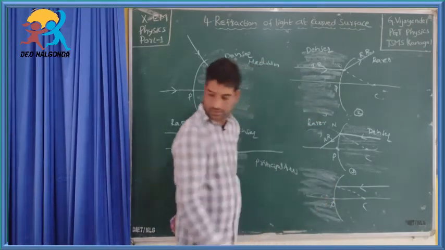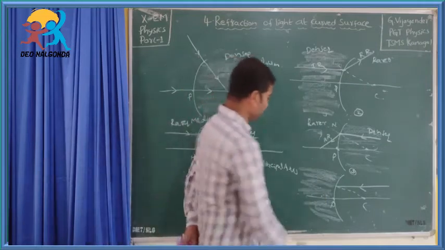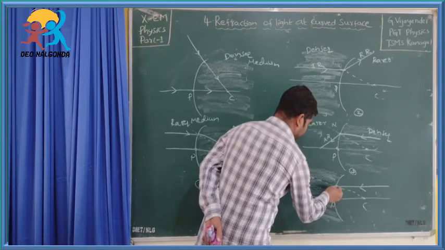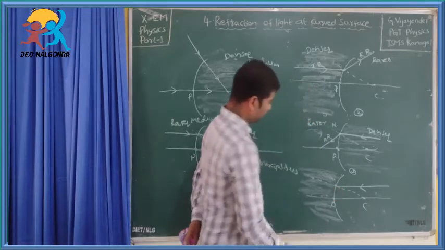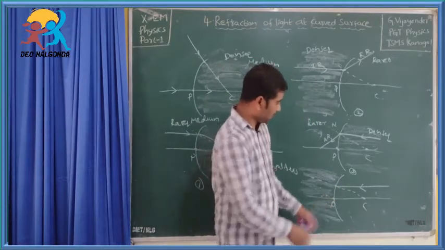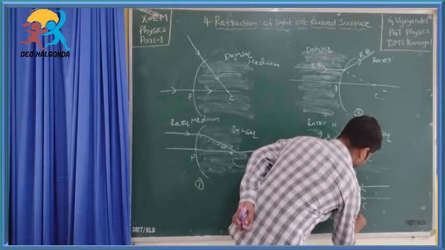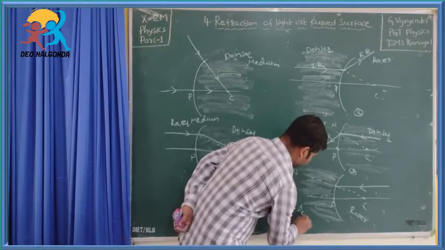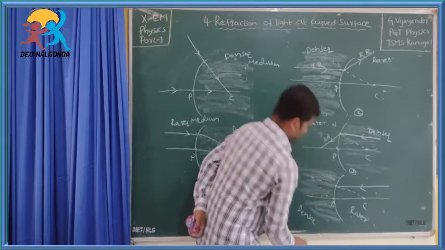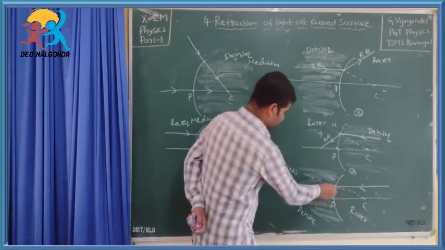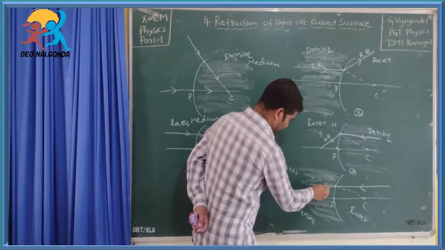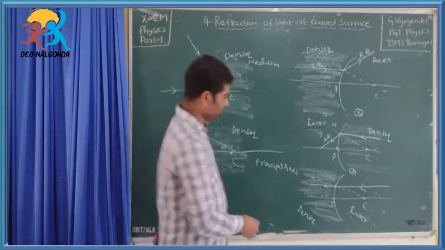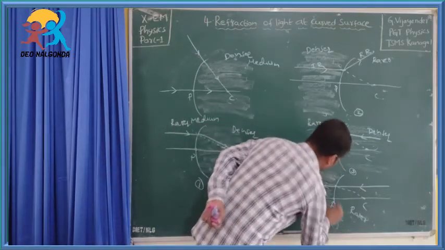After refraction, it is bending toward the normal. Here the light ray is traveling from rarer medium, this is rarer medium, this is denser medium, and it is bending toward the normal. This is the fourth case.